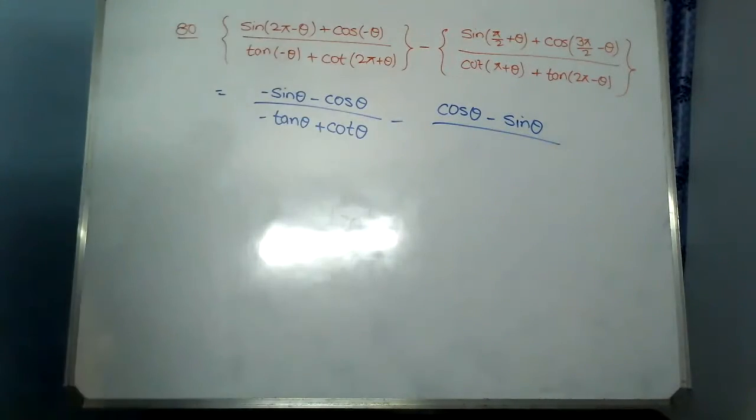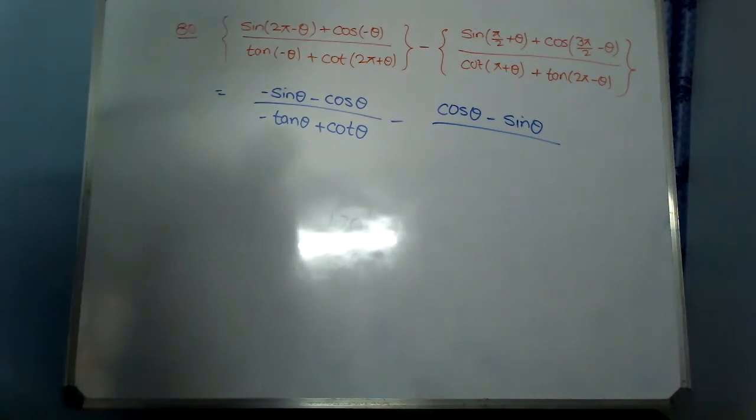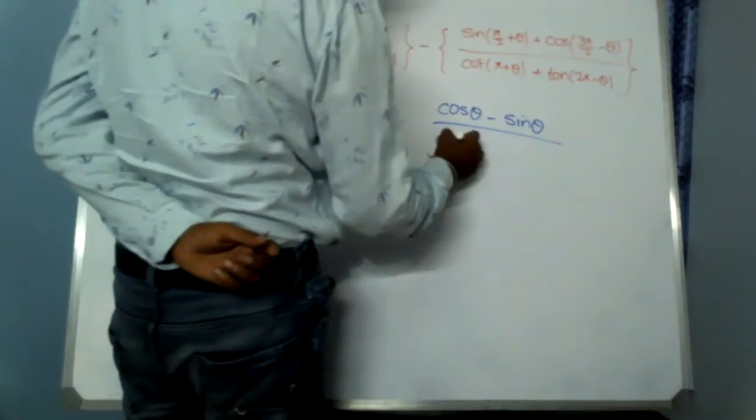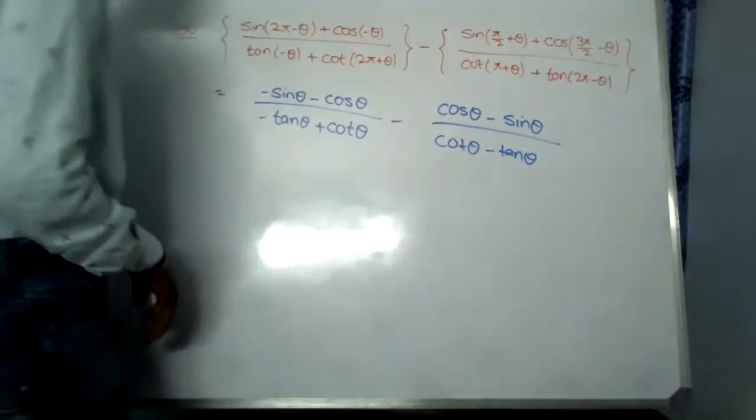So cot pi plus theta will come from cos pi plus theta divided by sine pi plus theta, and that will be cos pi plus theta is what, minus cos theta, and sine is again minus, so that will be like cot plus only. So it will give you cot theta minus tan theta. Okay, so this is what we will get.